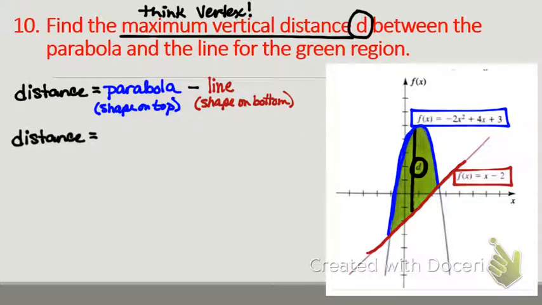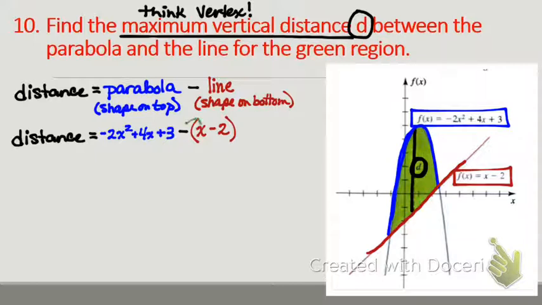What's the equation that I have for the parabola? And then I'm going to subtract the equation that I have for the line. What's the equation for the line? Who can tell me what I just did wrong? Gotta put that inside parentheses. Anytime we're subtracting more than just a single value, you've got to remember we're subtracting the whole thing, so put it inside parentheses.